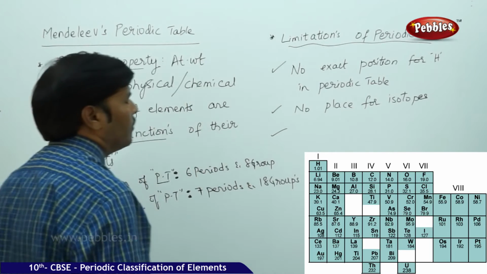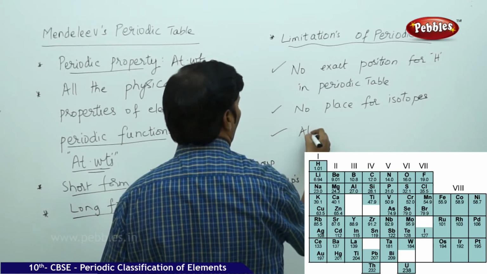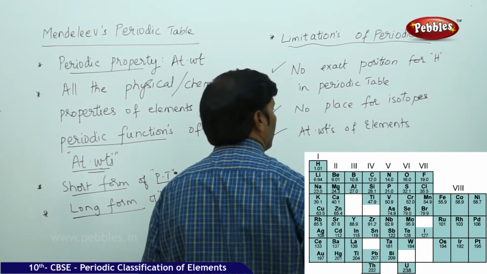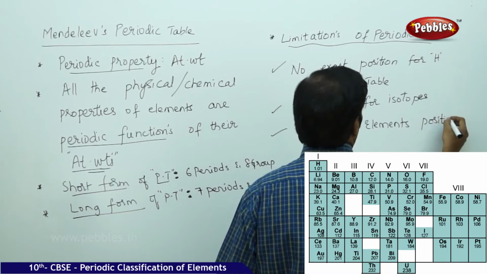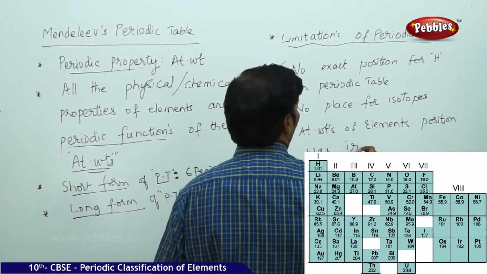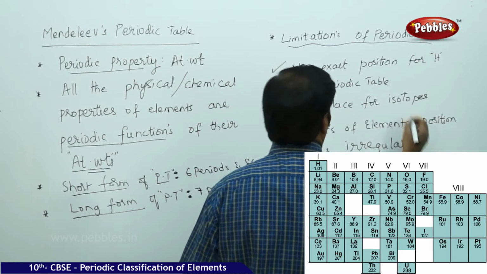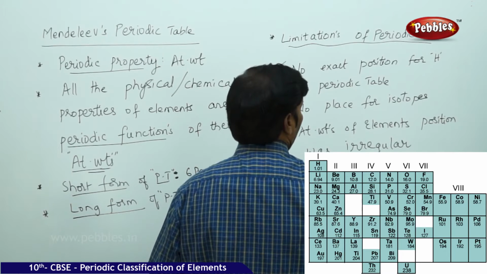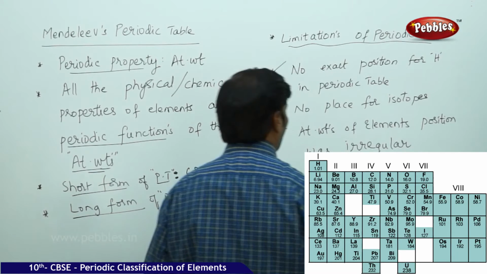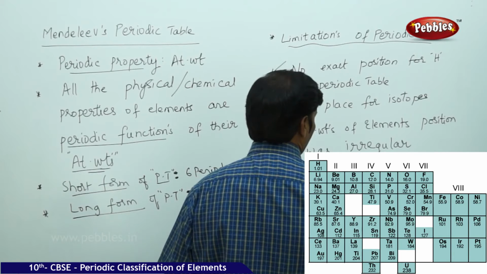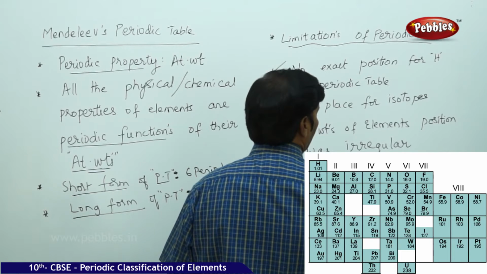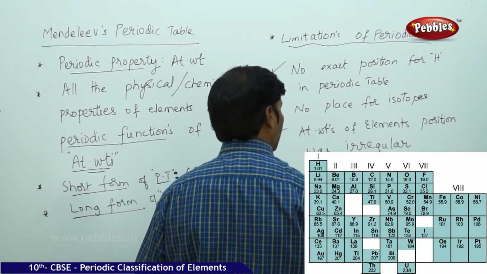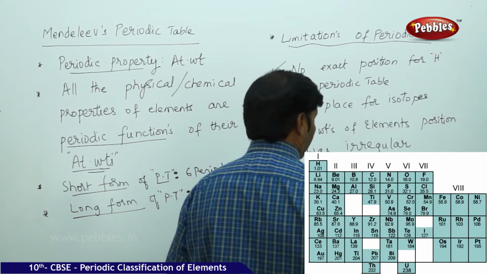And also, the position of the atomic weights of elements was irregular, that is, anomalous pairs; the ambiguity was not explained significantly.